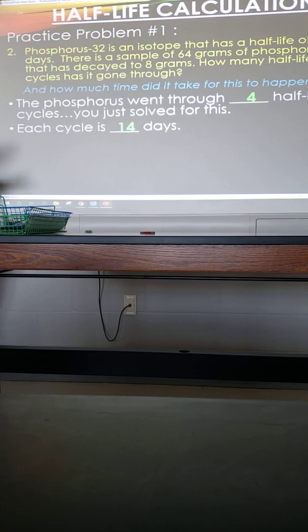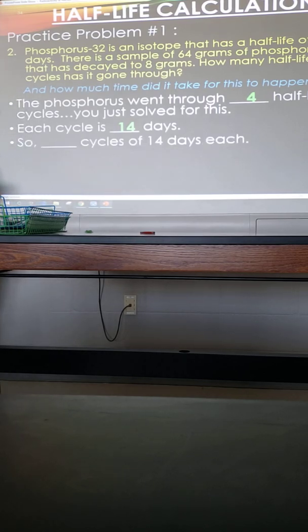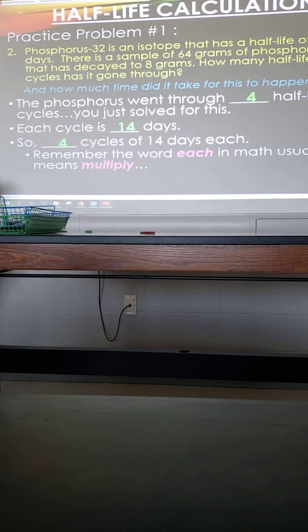So if we went through 14, then another 14, and then another 14, or basically 14 times 3, that's 3 cycles of 14 days each. And so basically we just multiply that.